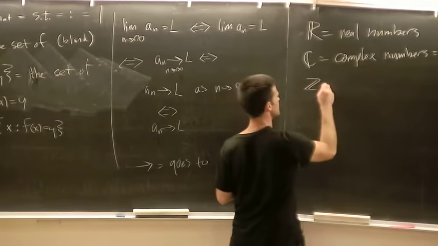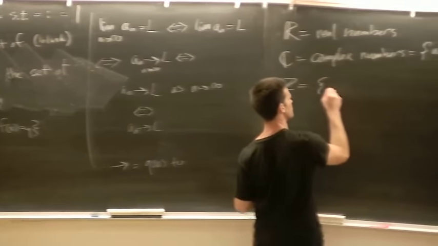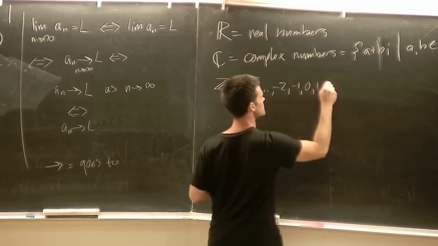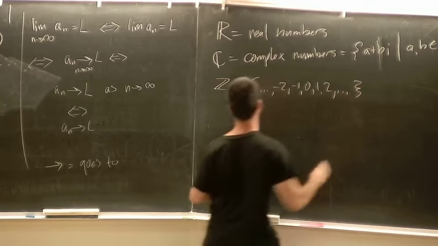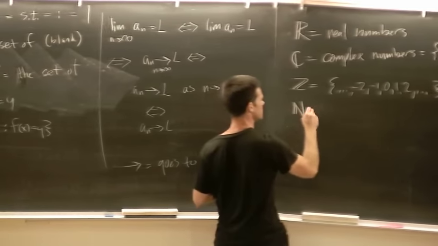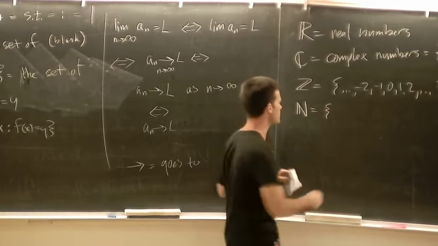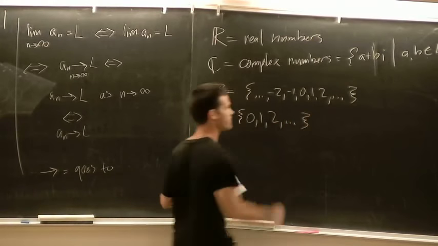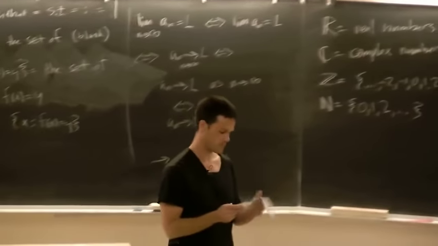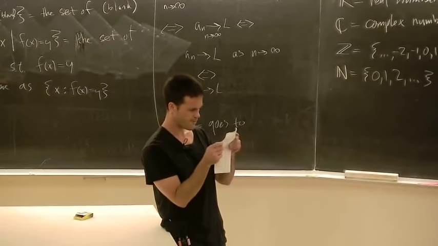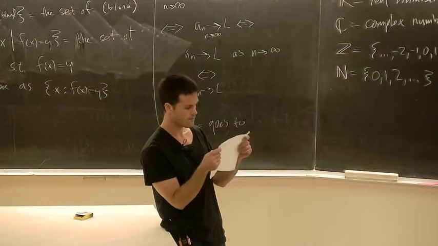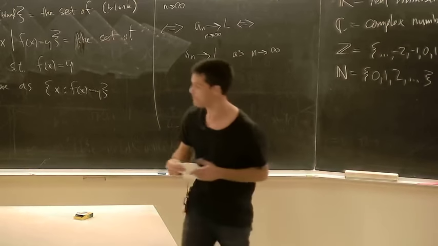Z is the set of integers. And N is the set of natural numbers, which I'll say includes 0. Any others I need? Okay, I think I got them all.